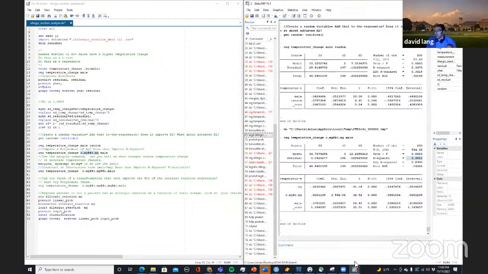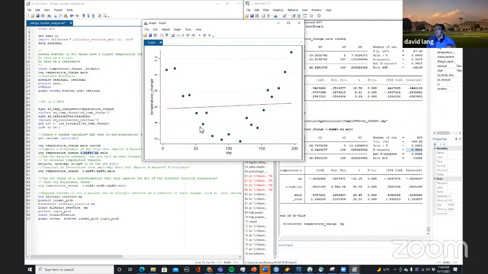And the other thing that I always recommend is just to plot things. When we plot, I really like binscatter as a command just because it's a nice way to quickly visualize things without having to do too much customization.